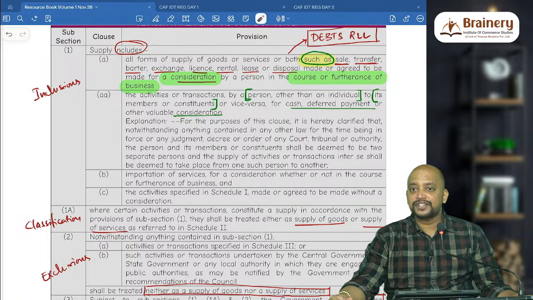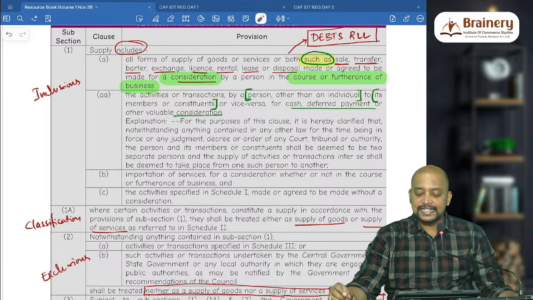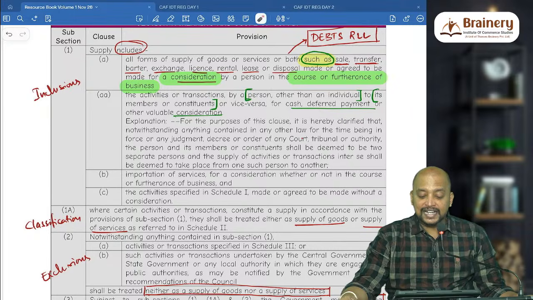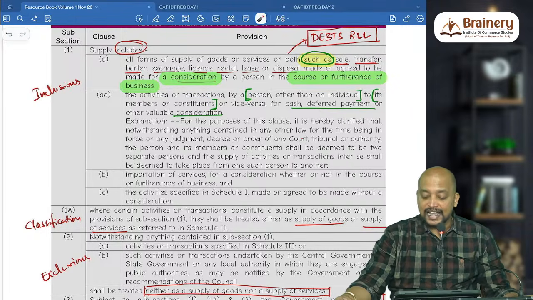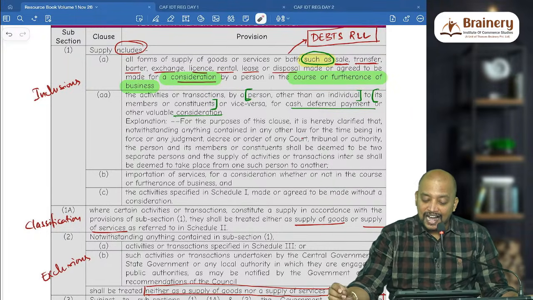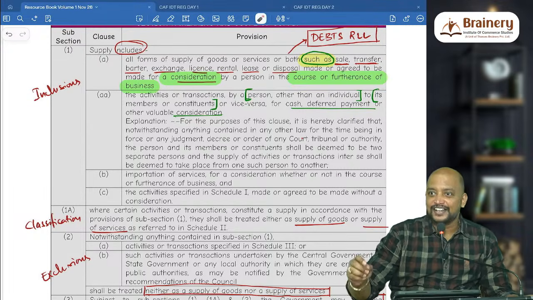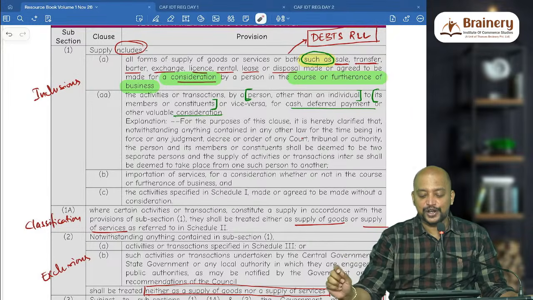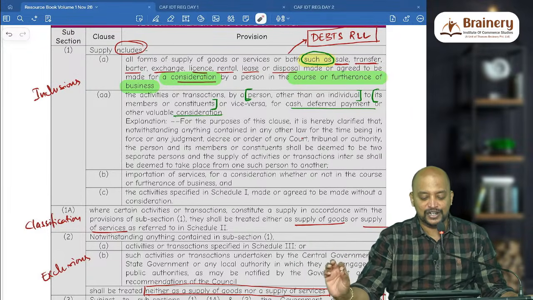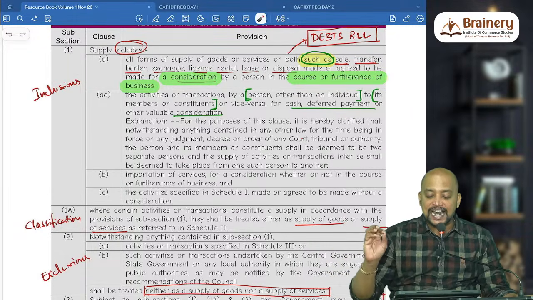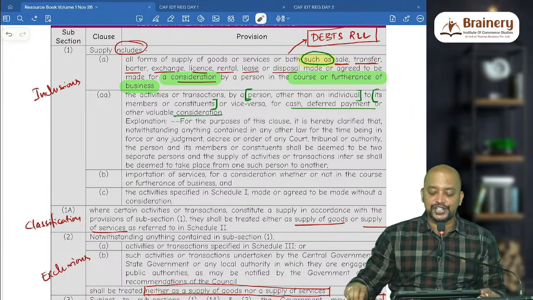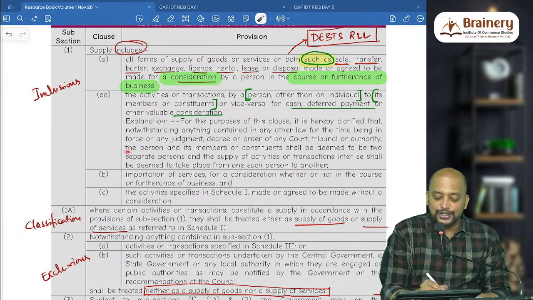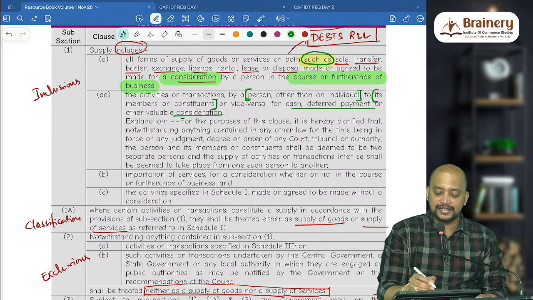For the purpose of this clause, it is hereby clarified that notwithstanding anything contained in any other law for the time being in force or any judgment, decree or order of any court, tribunal or authority, the person and its members or constituents shall be deemed to be two separate persons.